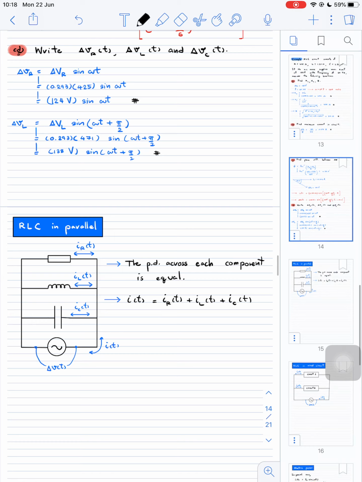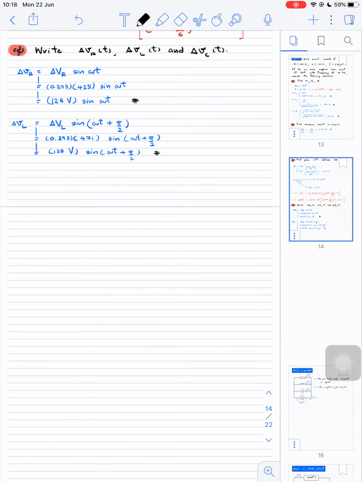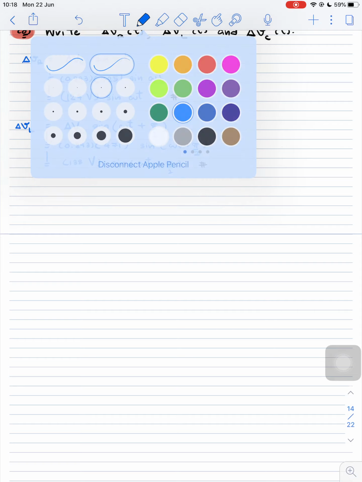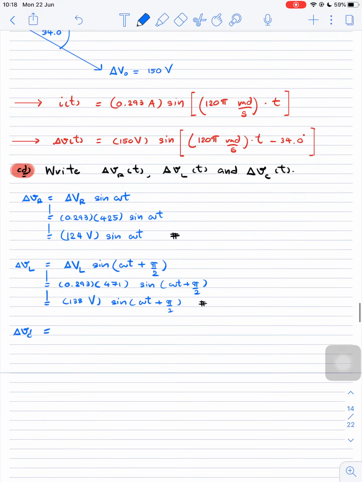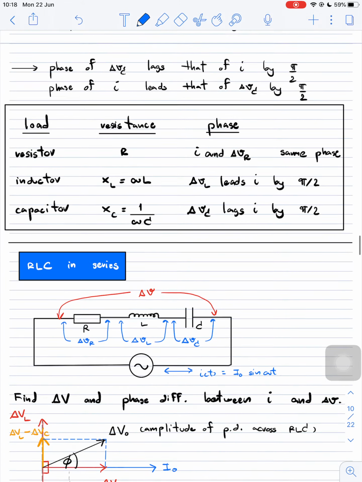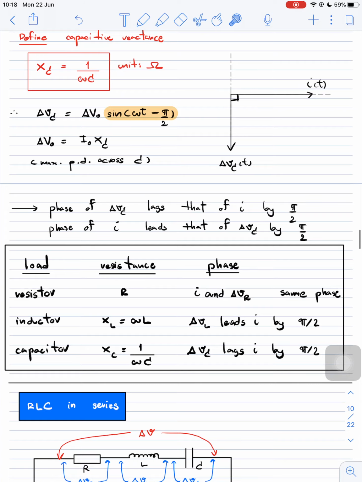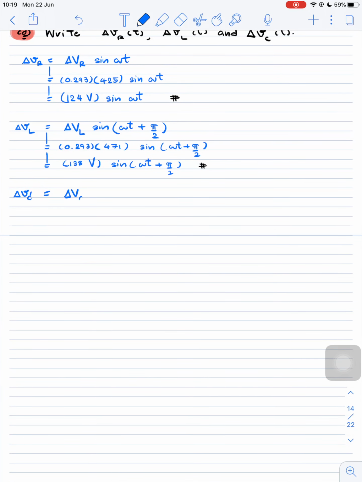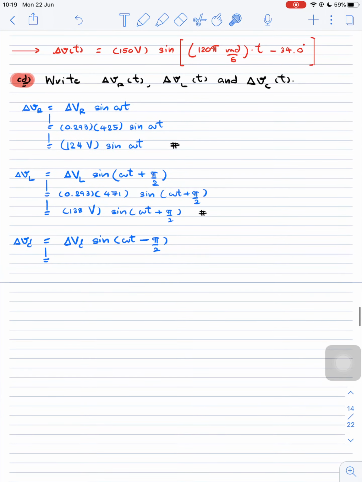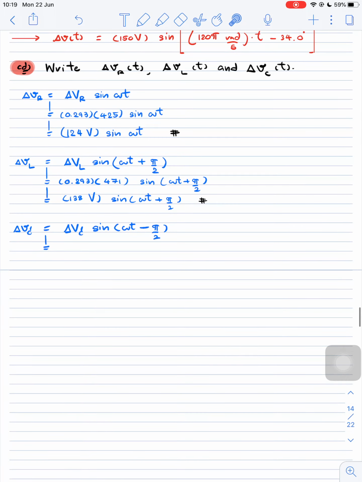Now finally for delta VC, we can use this relationship to find delta VC. So we have delta V capital C times the sine of omega t minus pi half, equal to I naught times XC.